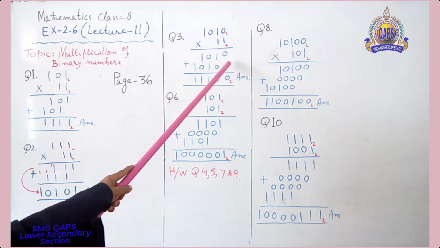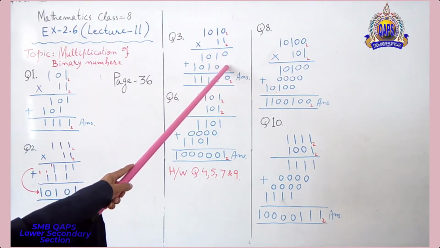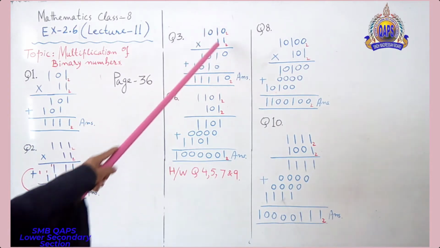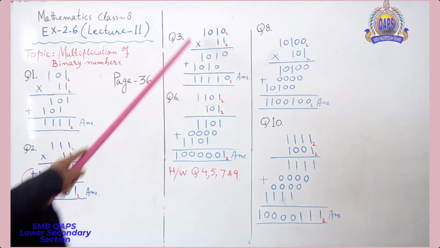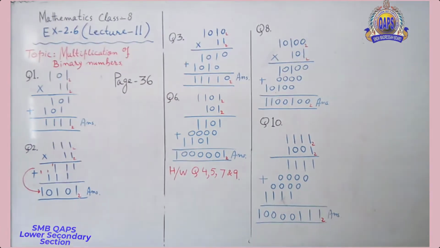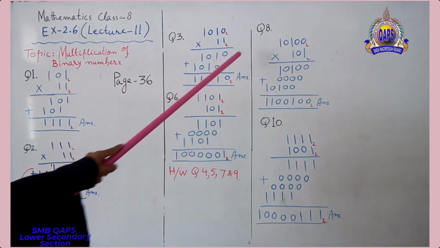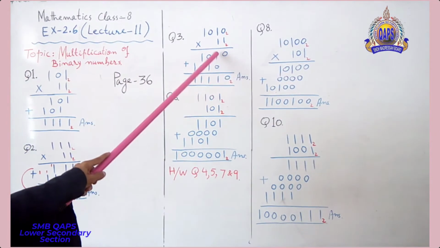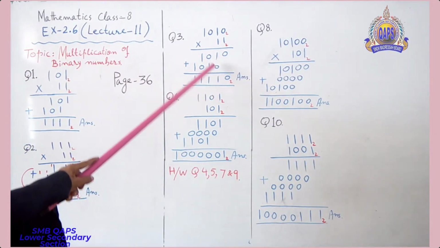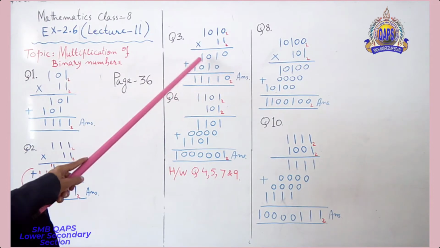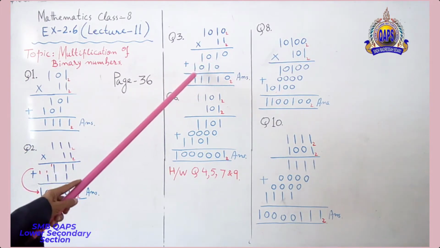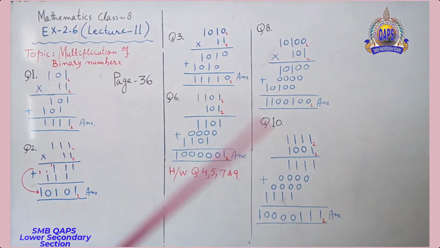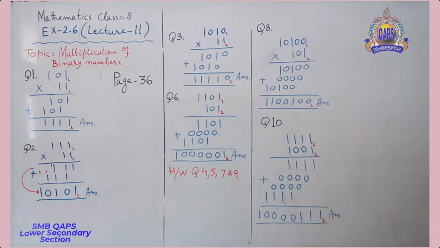Leave this. No, we don't need that. Leave this thing. 1 ones are 1, 1 zeros are 0, 1 ones are 1. Add them. 0 over here. 1 plus 0, 1. 0 plus 1, 1. 1 plus 0, 1. And this one over here. This is the answer, 11110 base power 2. I have completed 3 questions.